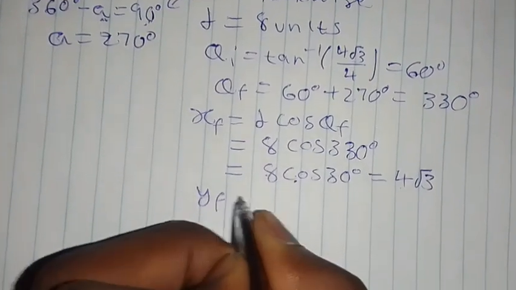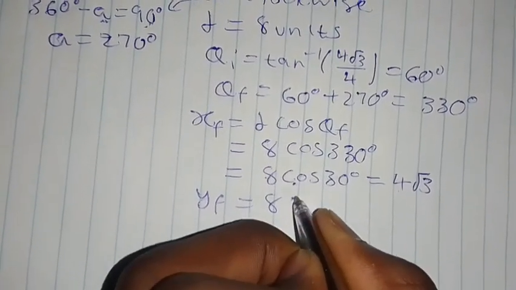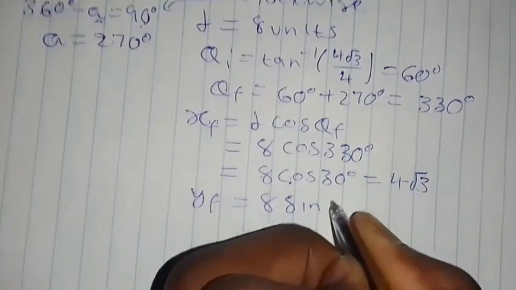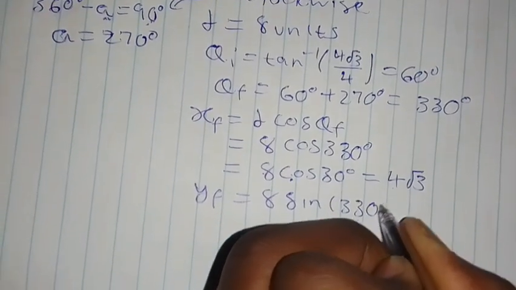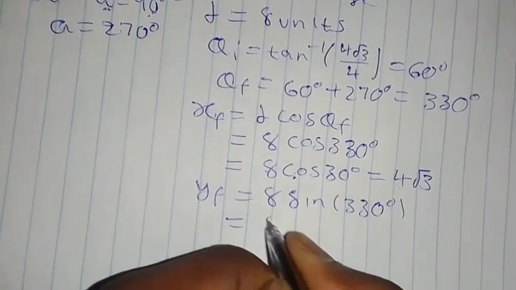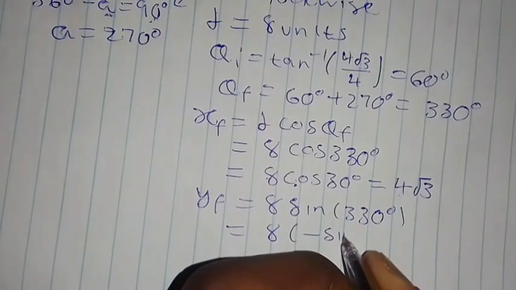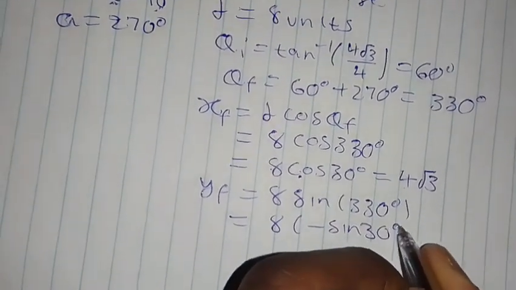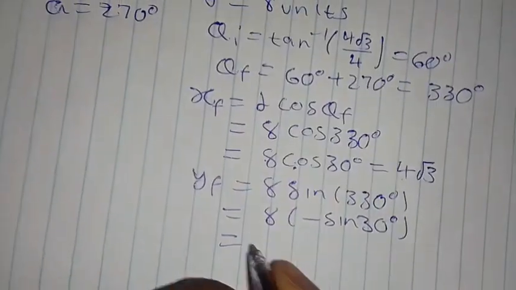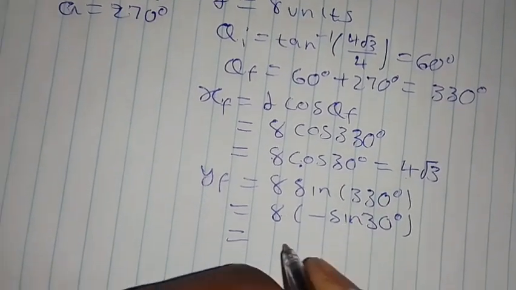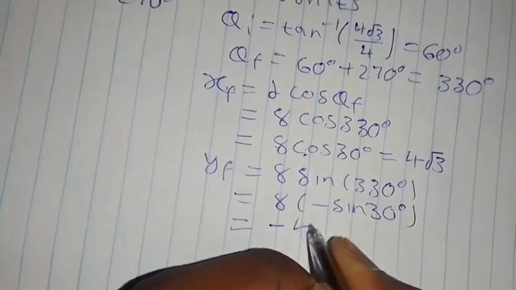Now y final is going to be 8 sine theta final, sine 330 degrees. Now sine 330 degrees is the same as negative sine 30 degrees, and sine 30 is half. 8 by minus half, that's going to be minus 4.